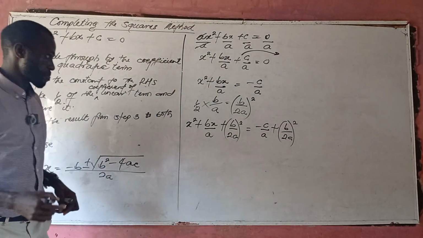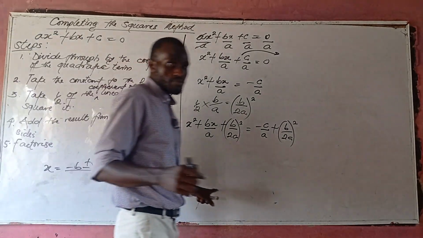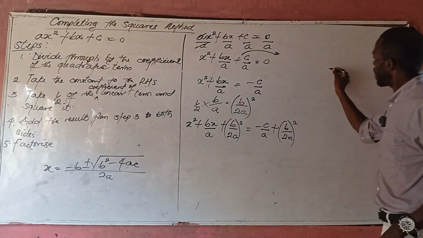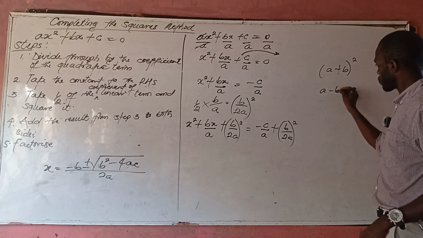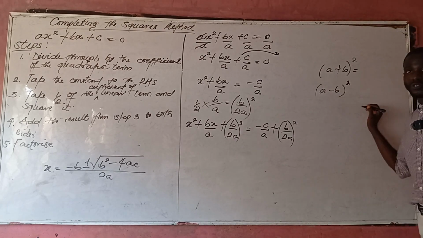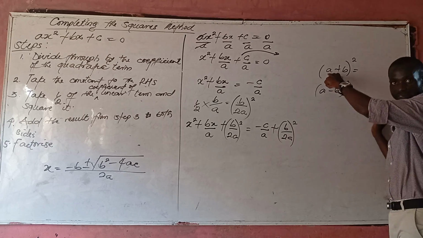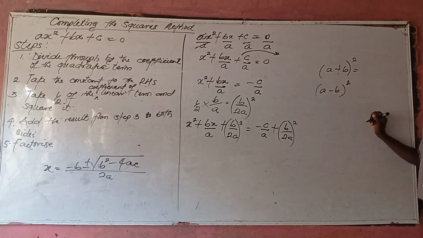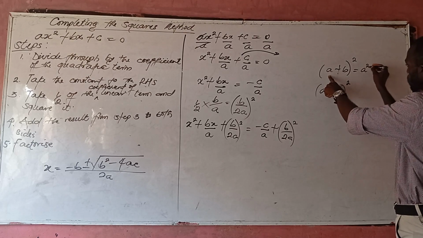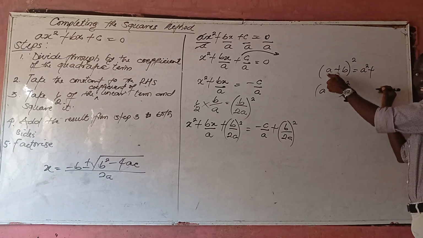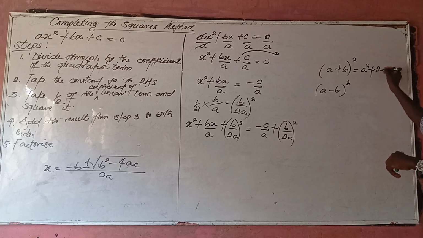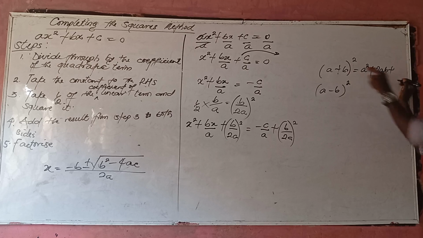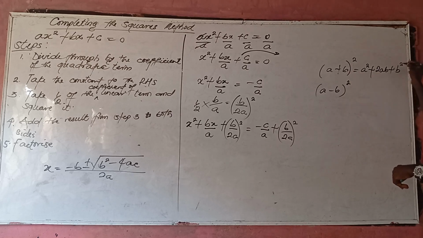Now let me show you something. If I take a plus b all squared and a minus b all squared, what are we going to get? Look at it. Square the first term. You know that technique, right? Square the first term, a squared, plus 2 times a times b, plus square the second term, b squared.